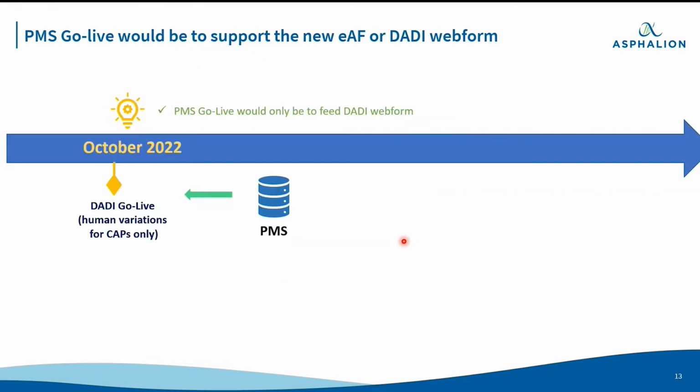So now we refer to PMS as being in construction. And you may already know that PMS will go live with this new e-application form called DADI Web Form for variations in October 2022. The way that PMS is coming live is to support this release of the DADI Web Form.